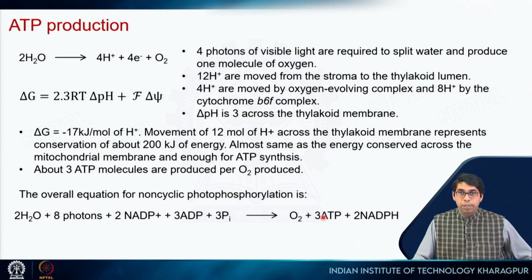ADP becomes ATP, so 3 ATP molecules, and NADP plus will become NADPH, so 2 molecules of NADPH. But remember, this is from non-cyclic photophosphorylation. From cyclic photophosphorylation, we are not going to get any NADPH molecules. So, we will only get ATP molecules.